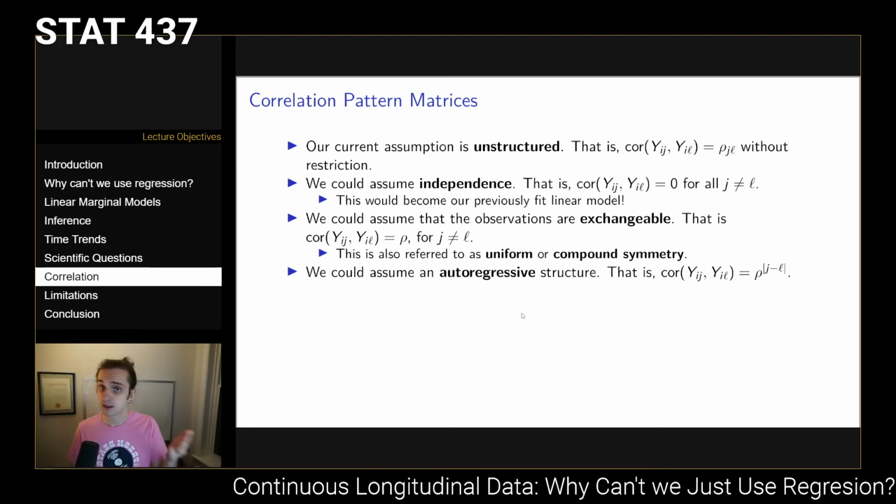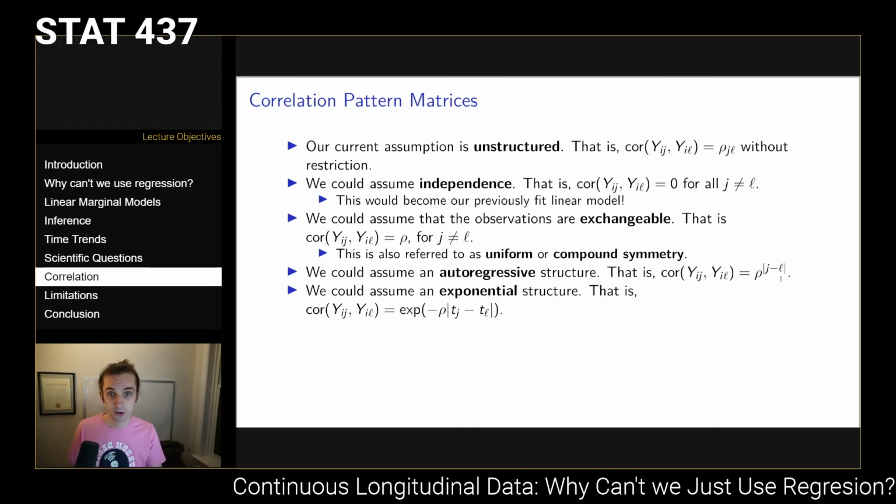Now, the problem with all of the assumptions that we've made so far is that they still all are requiring balanced data, right? So even in this autoregressive structure, we're subtracting these indices, but what if we're not measuring at the same time points? So you could think about generalizing this autoregressive structure slightly more, and instead maybe we would say that the correlation is going to be given by some function.